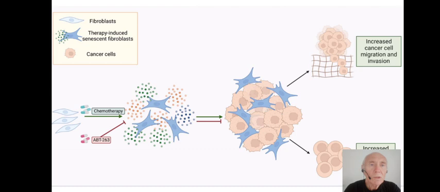So what is happening? The fibroblasts often become senescent, they turn into senescent fibroblasts, and then eventually they can turn into cancer cells.